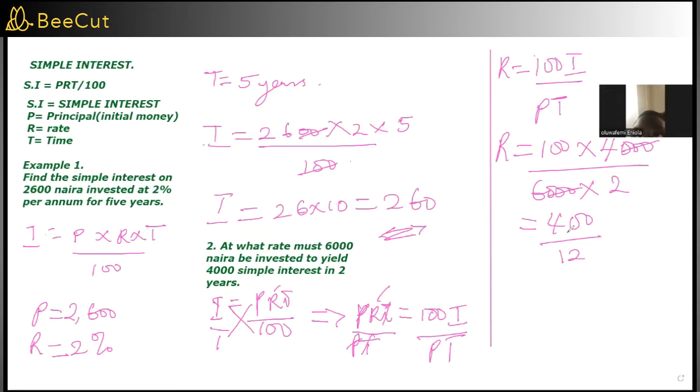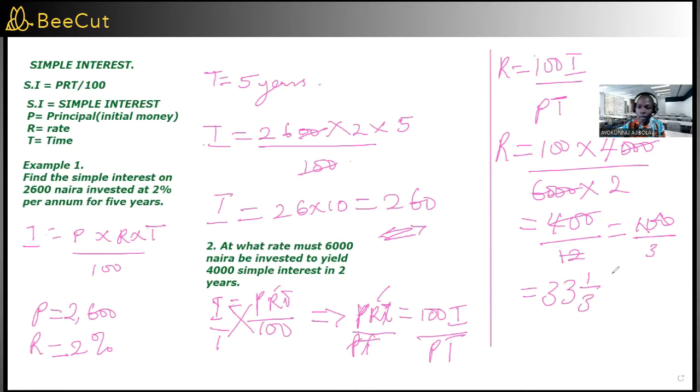So I can decide to cut this down step by step and say how many 4 is here, that is 100, and how many 4 is here, that is 3. So how many 3 is in 10? 3 remainder 1 makes 10 again. That's 3 remainder 1 over 3 percent.